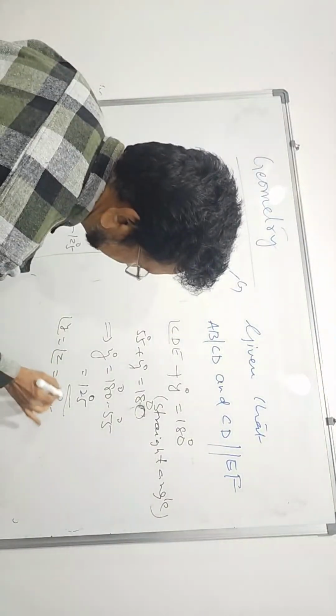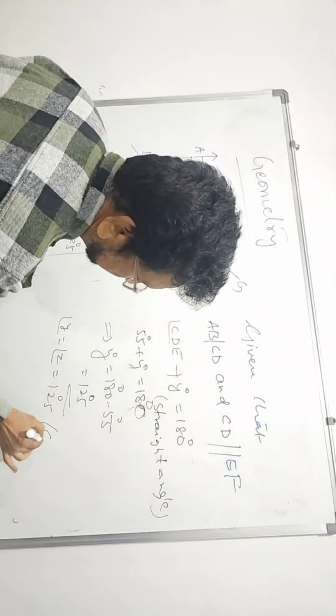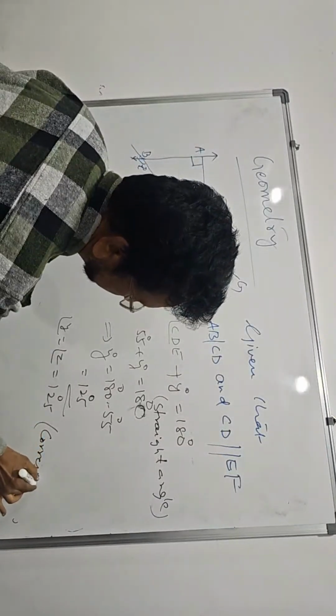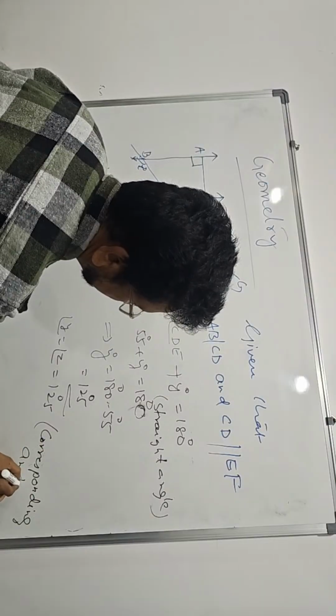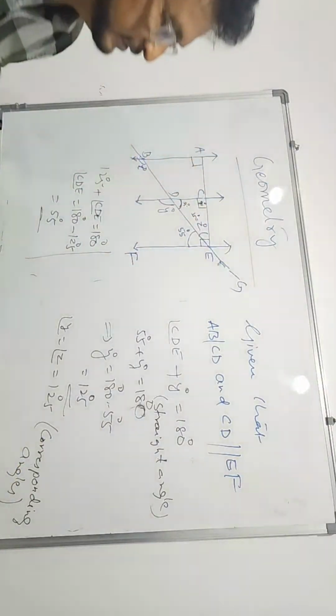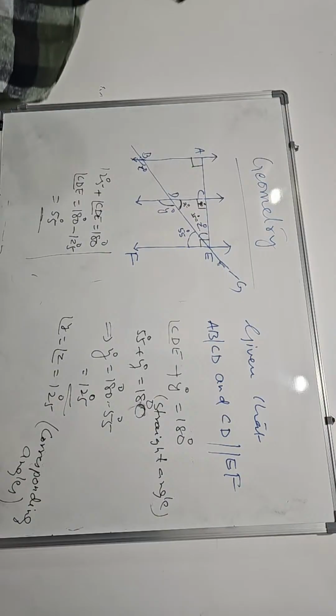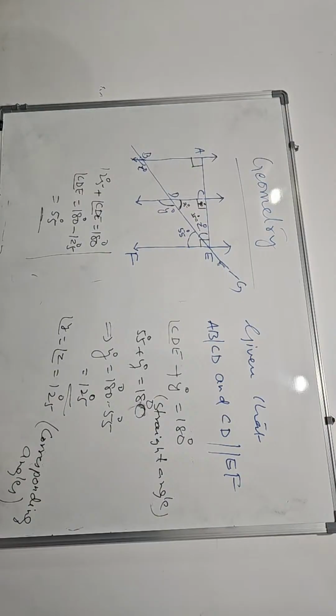Same 125. Why? Corresponding angles. This way, we found all the three angles X, Y and Z. In the initial stage only we found Z, then later we found the remaining angles. Very simple one.